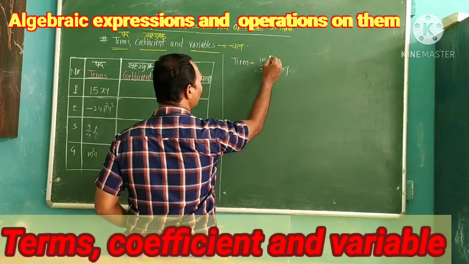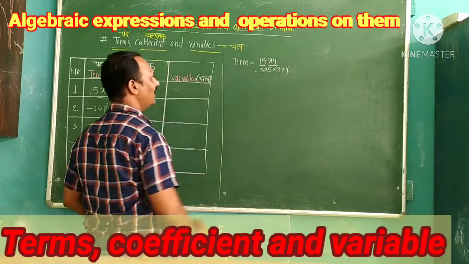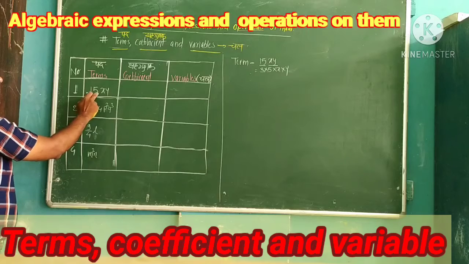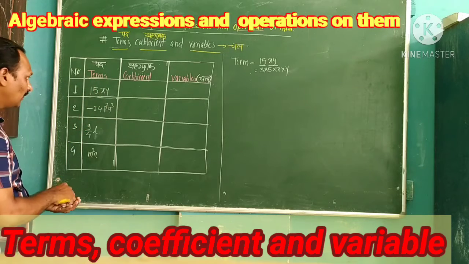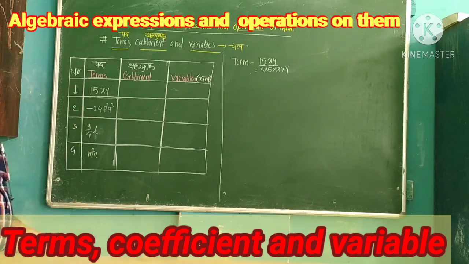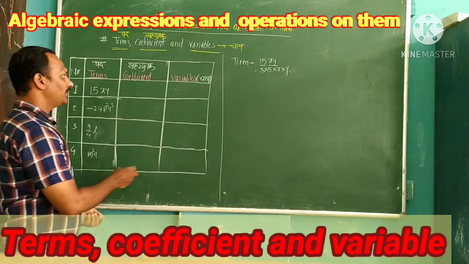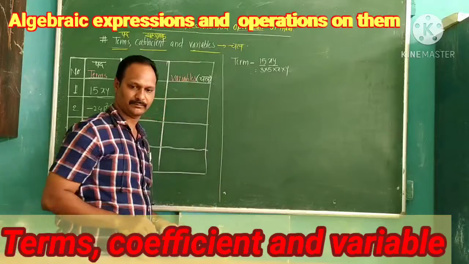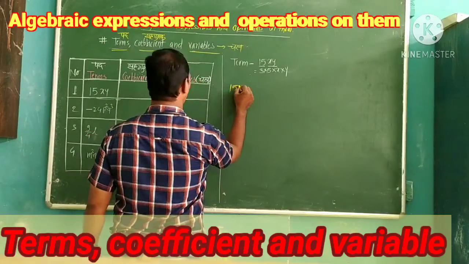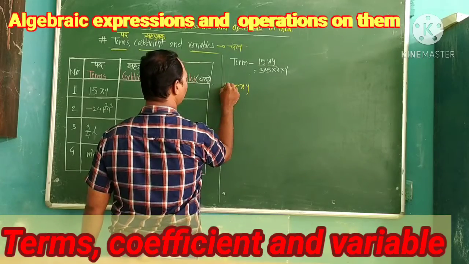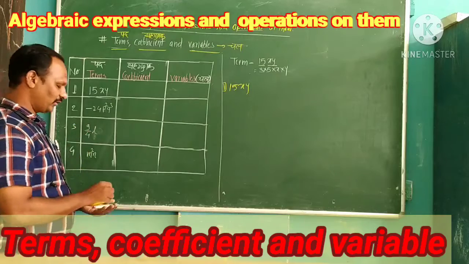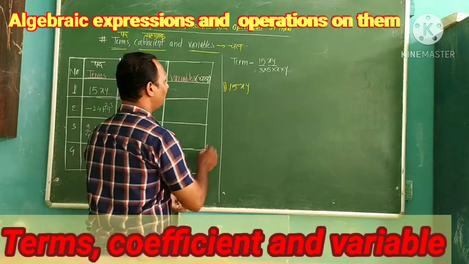This 15 is the coefficient and xy is the variable. Now in the first term 15xy, which is the coefficient? In this 15xy, the coefficient is 15.